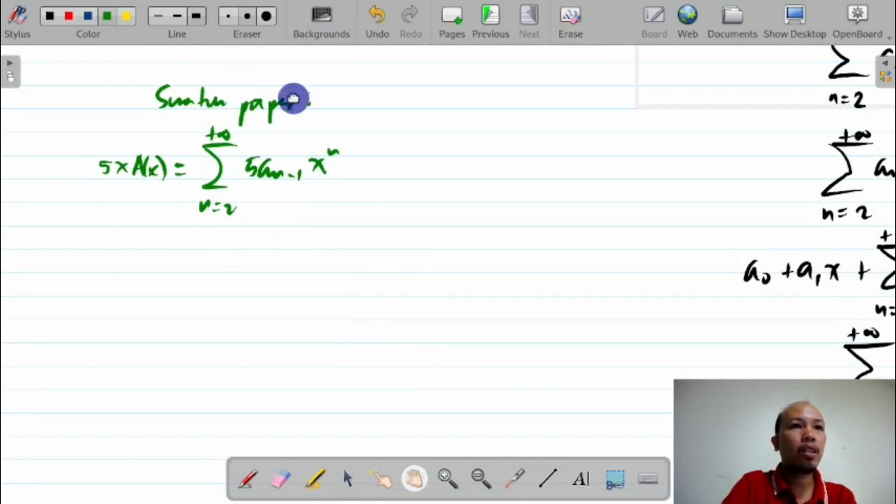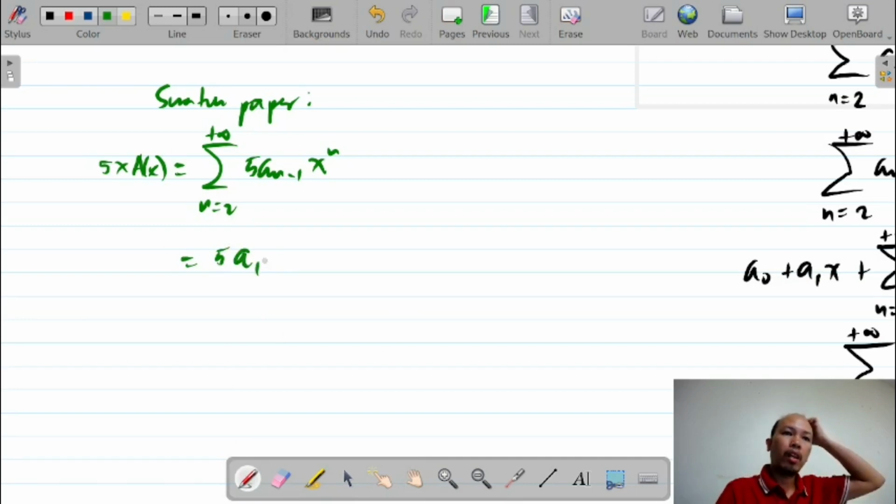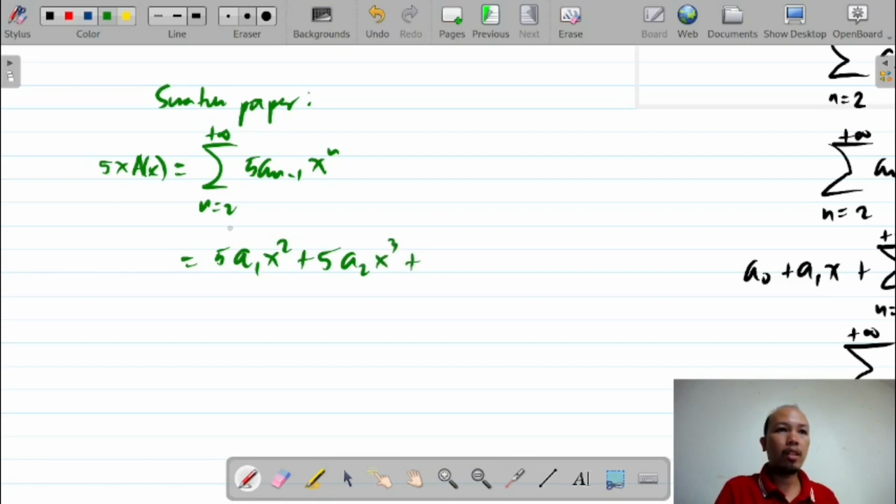Why is that? If you expand the right hand side, we have 5 a sub 1 x squared plus 5 a sub 2 x cubed plus 5 a sub 3 x to the fourth, and so on and so forth.